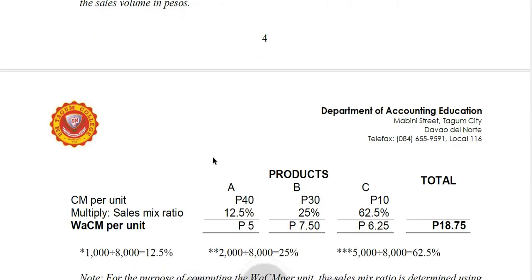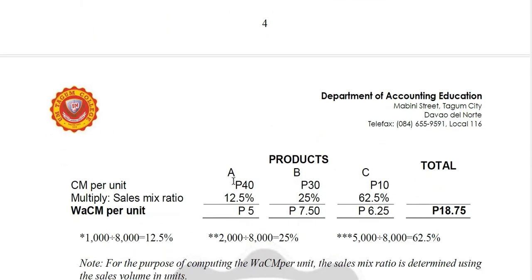Okay? So, meaning, if this is our sales mix, magkano yung weighted average contribution margin per unit? So, ito given na to, 40, 30, and 10. So, multiply lang natin with the sales mix.